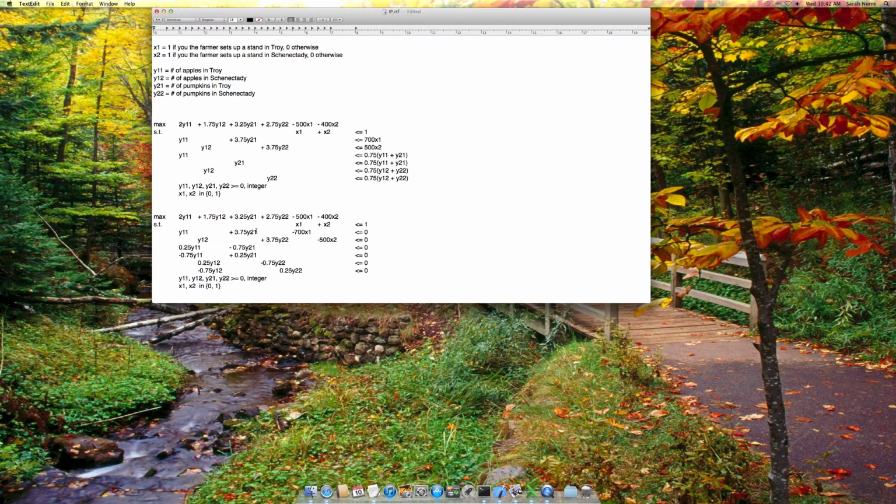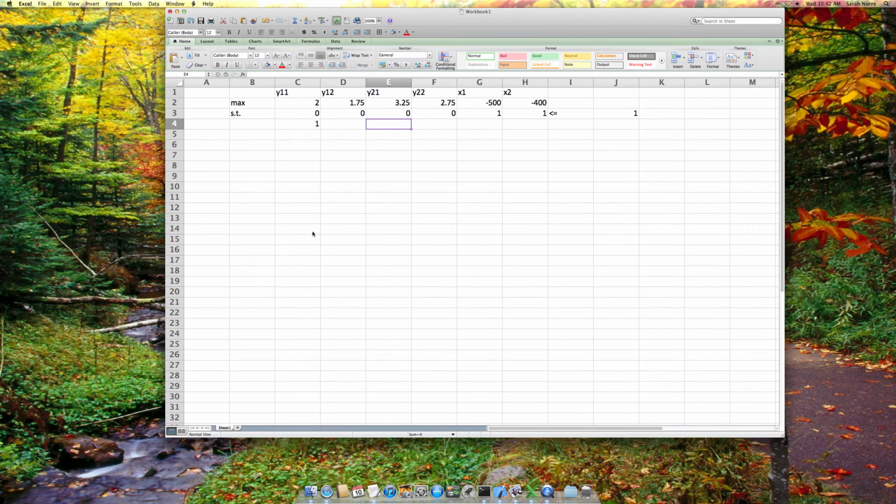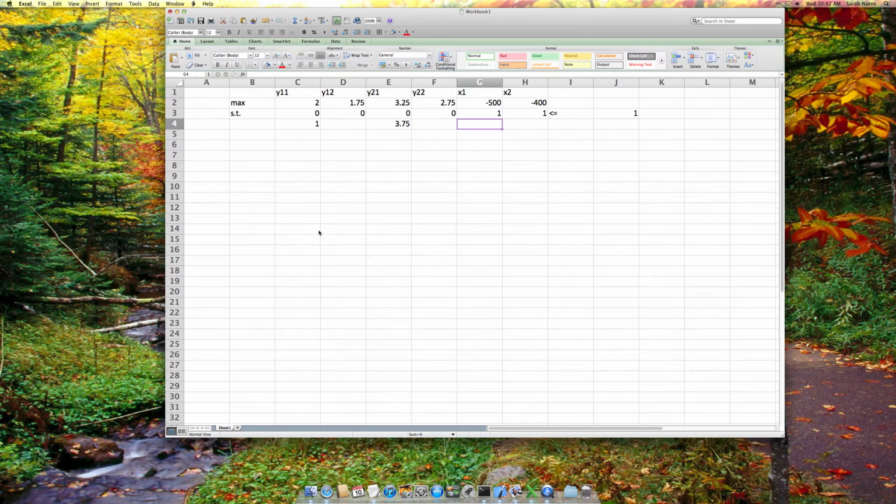And I do the same thing for all of my constraints. So 1, and then 3.75 and minus 400. So this is 1, 3.75, so minus 700. And these have to be less than or equal to 0. I'm just going to fill this in with zeros if it wasn't present.